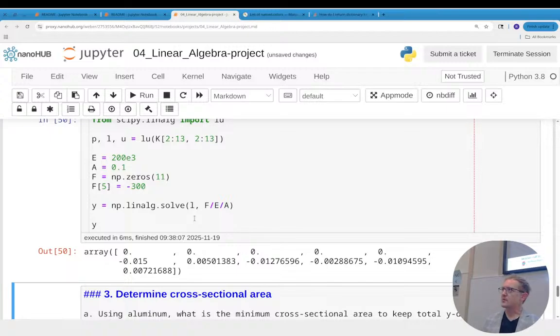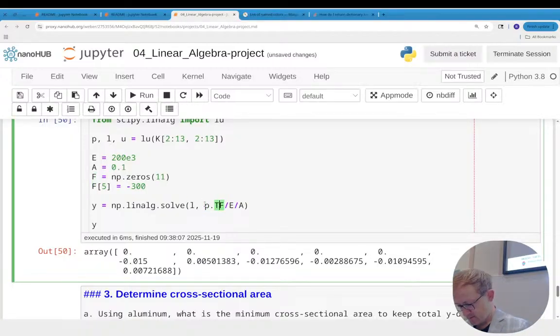So when I solve this problem, lower is my right-hand side. Really, I should take that pivot matrix, multiply it by F to rearrange my right-hand side. It's all diagonal, so the transpose of that identity matrix is the identity matrix, but for good practice, this is what I should be doing.